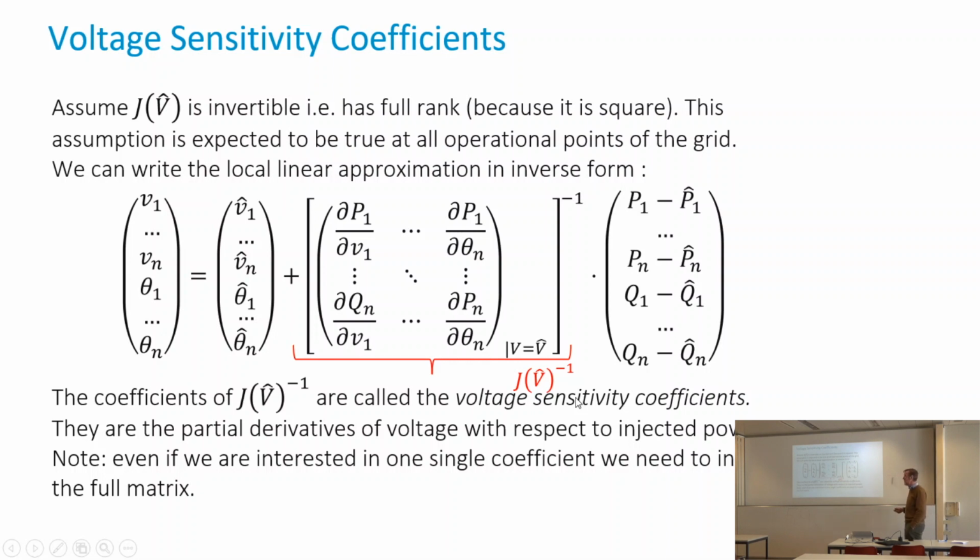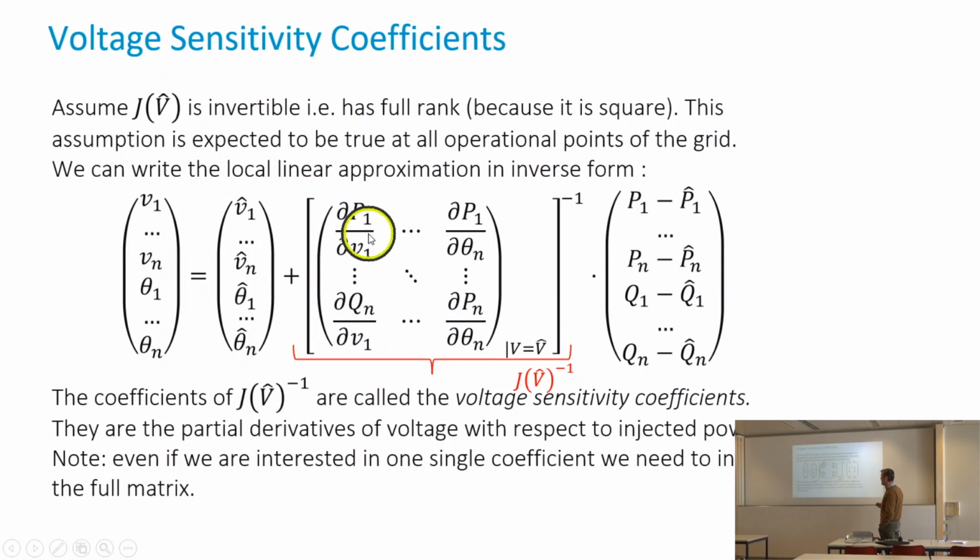So one way to obtain them is to compute the Jacobian matrix by writing the equations, writing all the derivatives, computing the derivative, and taking the inverse here. Be careful that the inverse, if you observe what I wrote here, I wrote the big matrix minus 1, right? Which is not the same thing as the inverse of this coefficient, right?